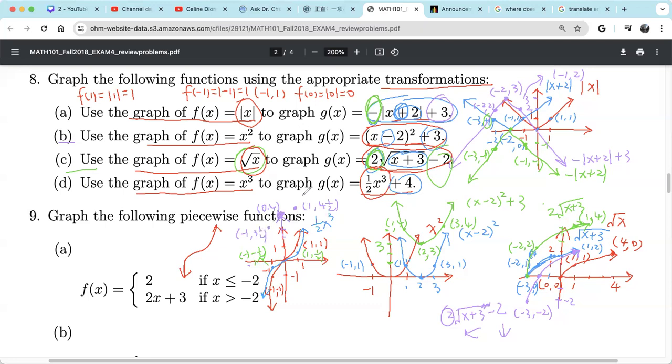So we get these 3 points. We're going to graph the same way, smoothly, with the wiggle at the origin. So this is the graph of G here, half of x cubed plus 4. Okay, that's a graph that uses a reference graph and applies transformations.